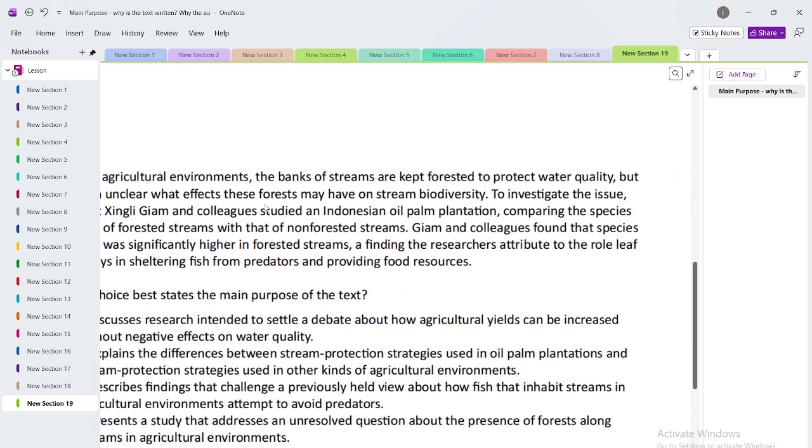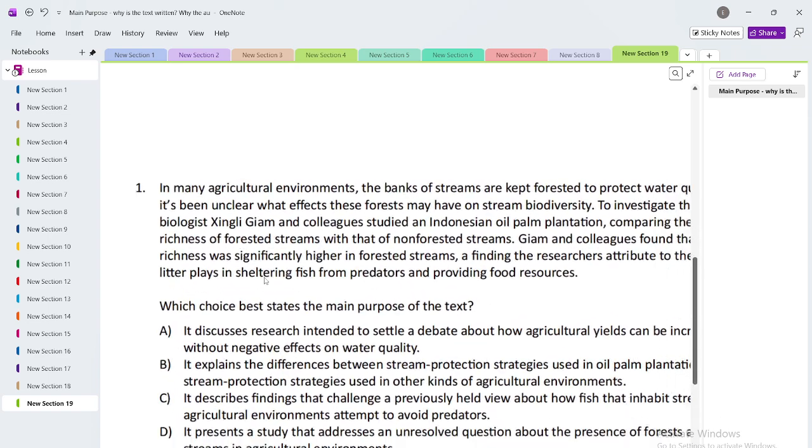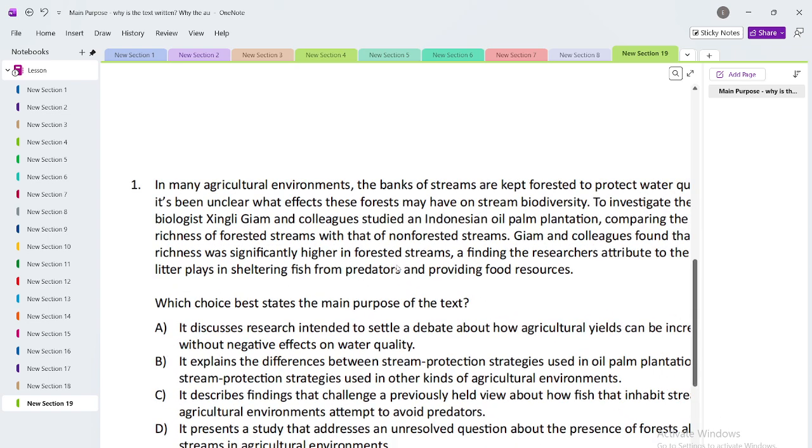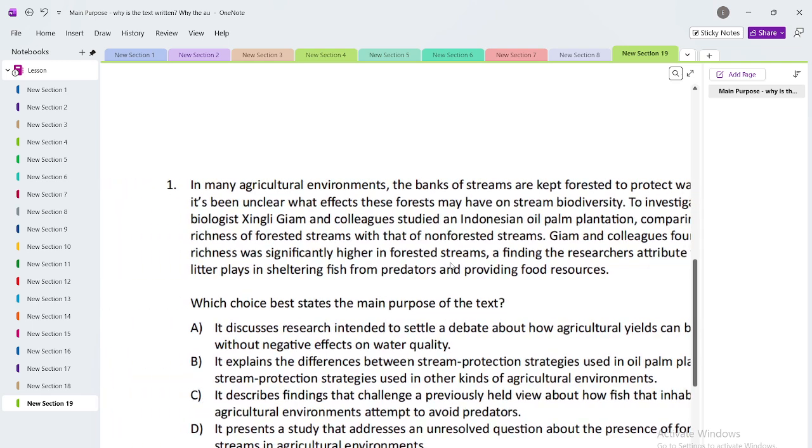This person and colleagues found that the species richness was significantly higher in forested streams, a finding the researchers attribute to the role leaf litter plays in sheltering fish from predators and providing food resources. All right, so they were unclear, then they did a study, and now they learned that forests are beneficial to these streams.